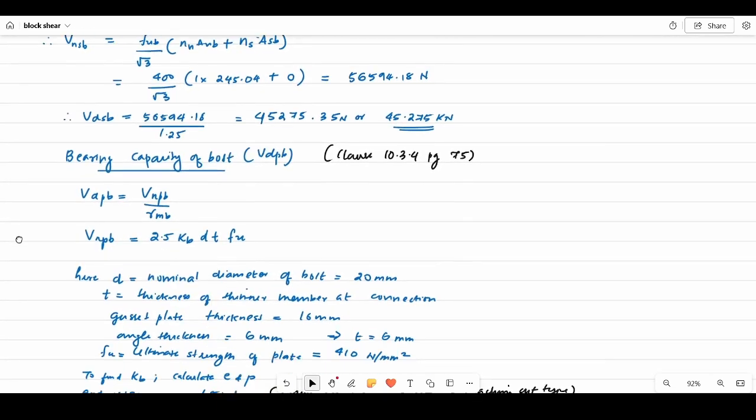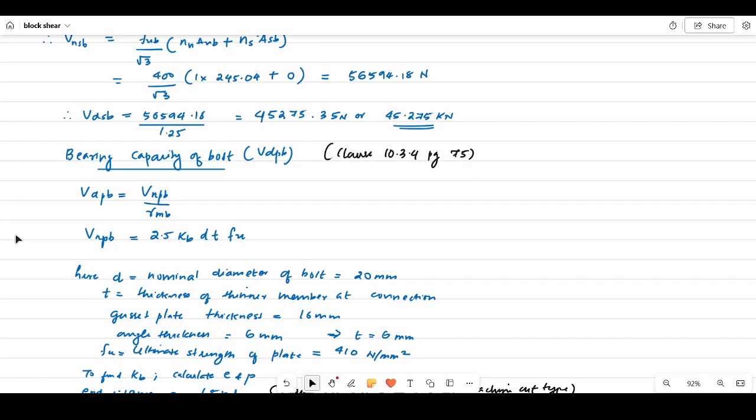Now the bearing capacity is given in the next clause of Section 10, which is Clause 10.3.4, and the page number is 75 of our IS code. And this is the equation.